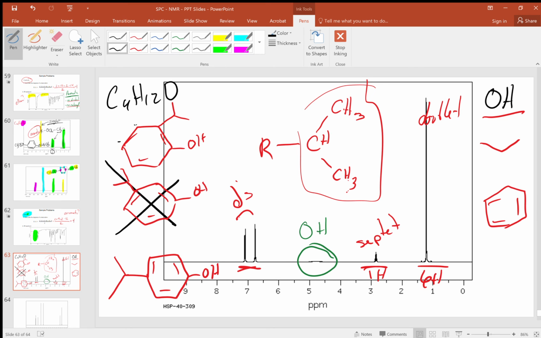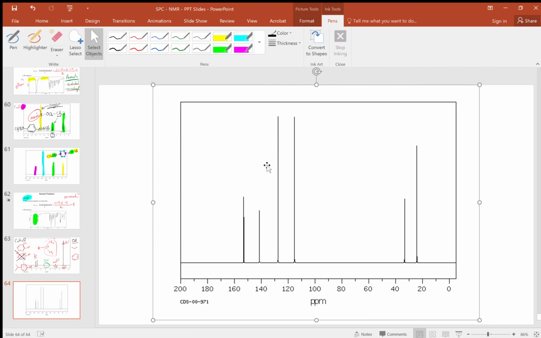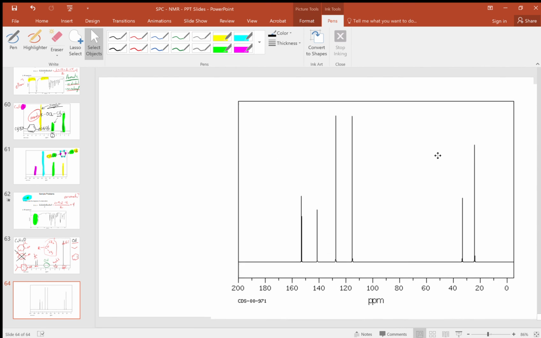So that one's still okay. The one on the bottom would also give us 2 doublets. That doesn't help us. So we're going to have to go to the carbon 13 to pick the correct one between these two. But with our carbon spectrum, we will be able to come up with a final answer.